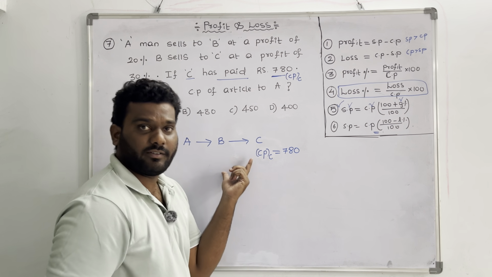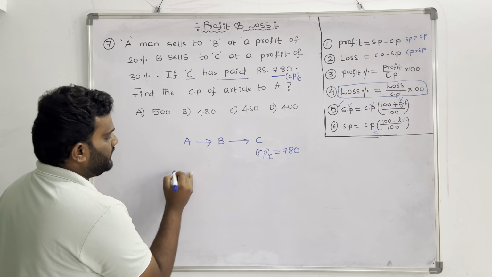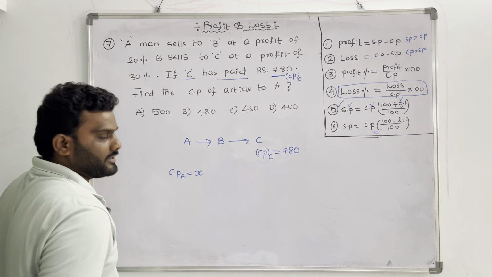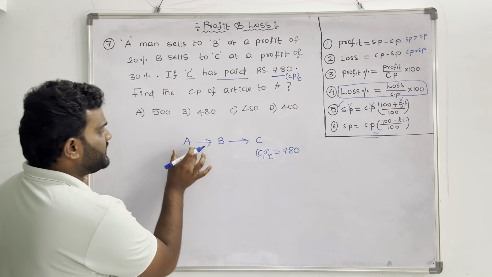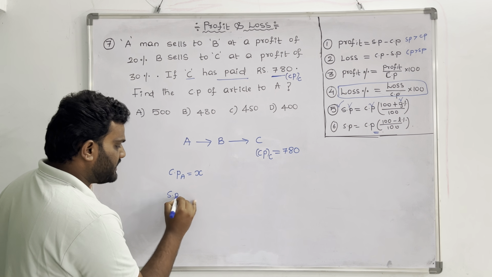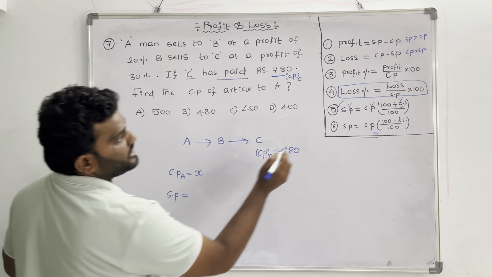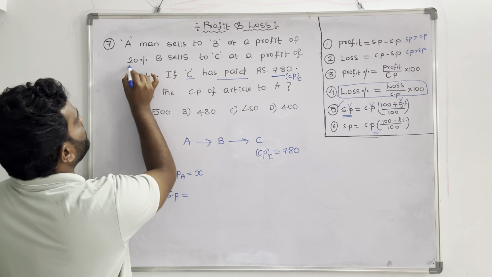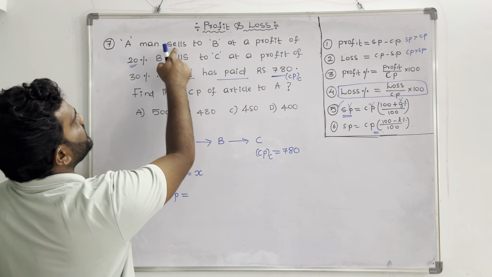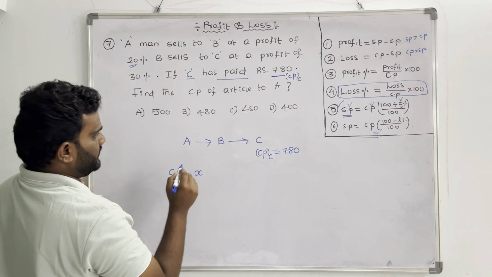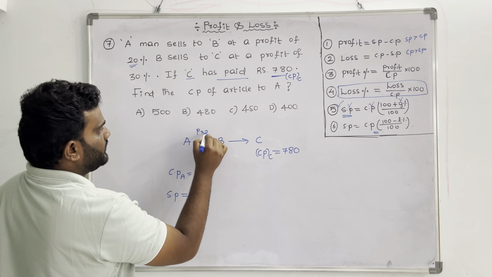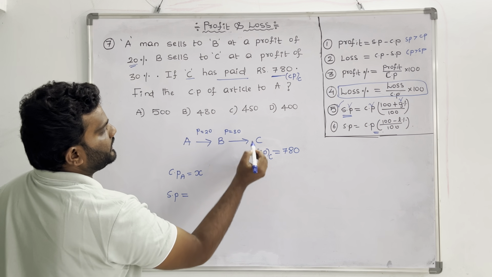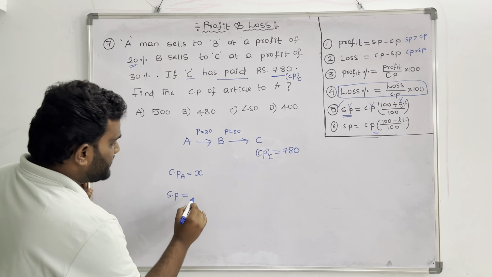If you observe this sequence, now let us assume that the cost price for A will be X. Now what is the selling price of A? A sells to B at a profit of 20%, and B's profit is how much? 30.